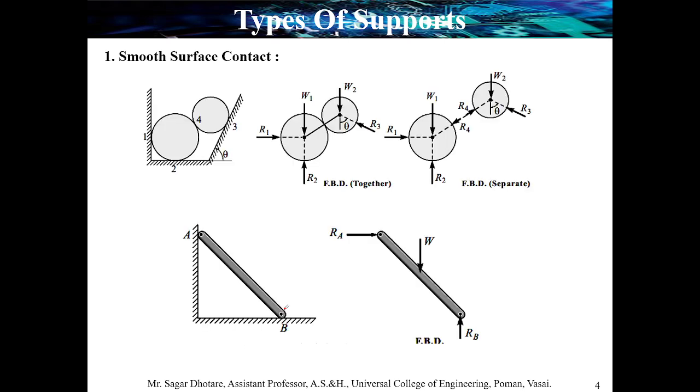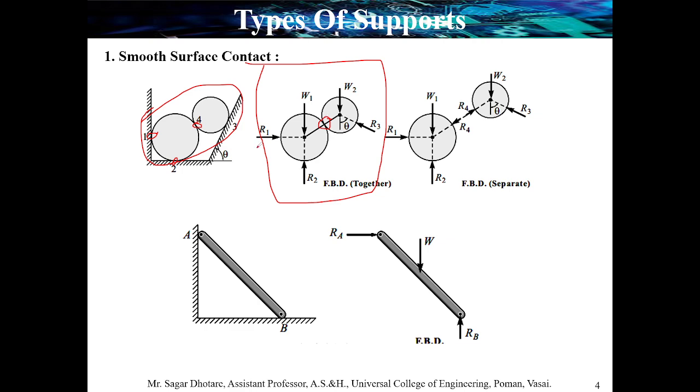Next, a few samples where two cylinders are placed in one container. Okay, the first container has surface contact at points 1, 2 and 4. Okay, the fourth contact is with the other particle. When we consider two particles, or you can say the whole system, with a free body diagram, we could not write any force in between two touching bodies.